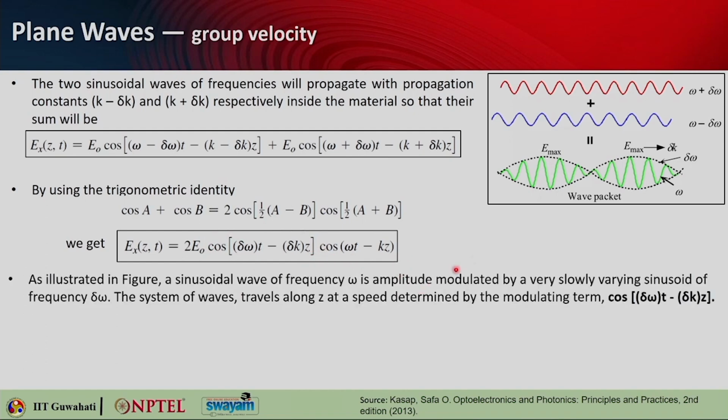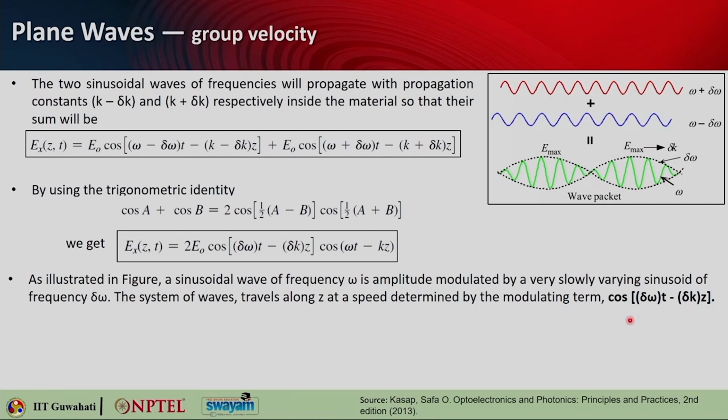So you will see that the sinusoidal wave of frequency omega is amplitude modulated by a slowly varying sinusoid which has a frequency of delta omega. And this system of waves travels along the z direction, with the speed determined by the modulating term.